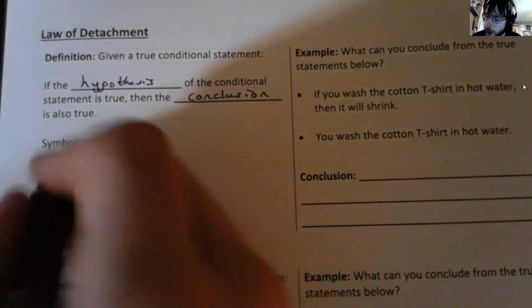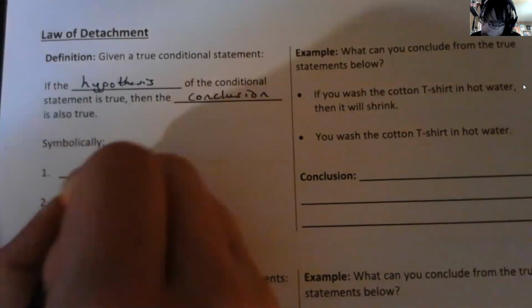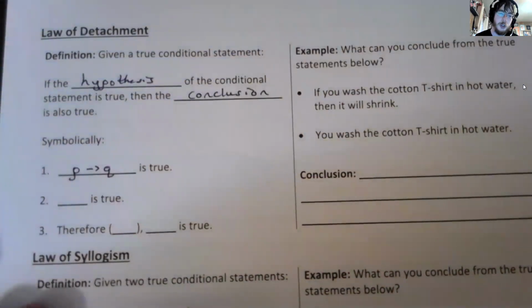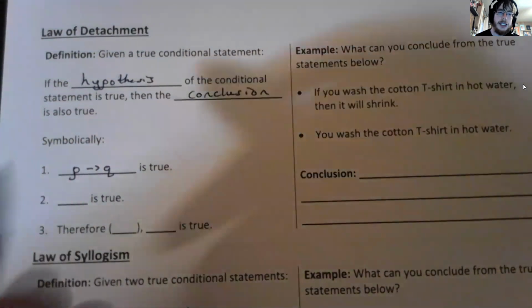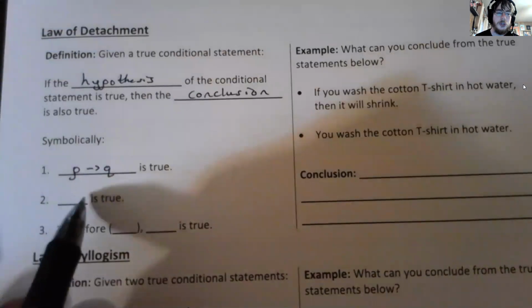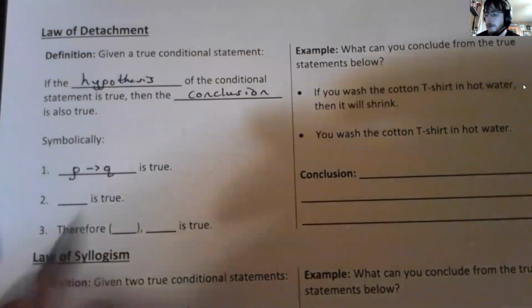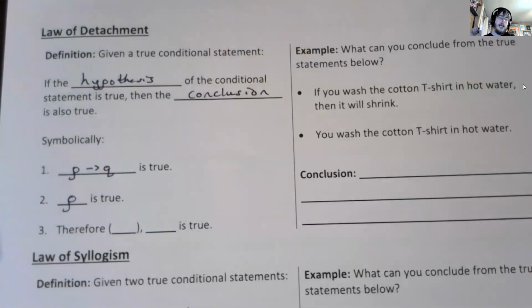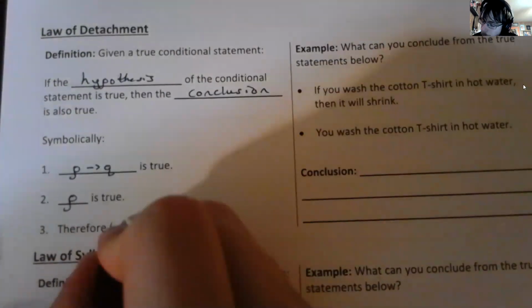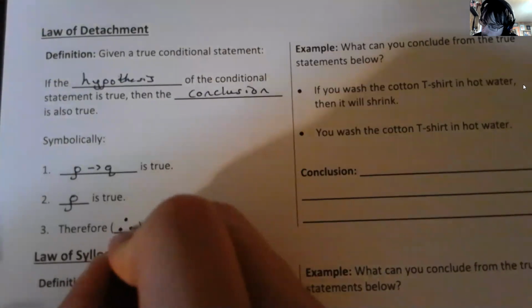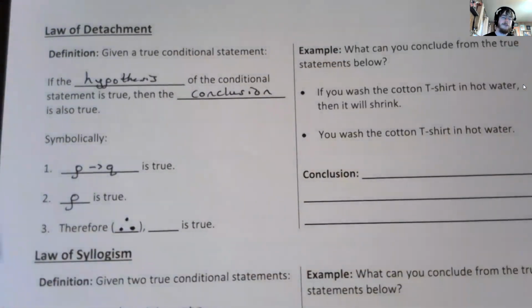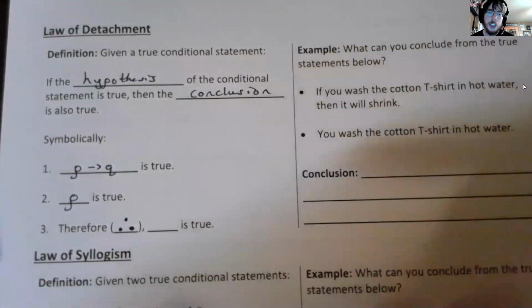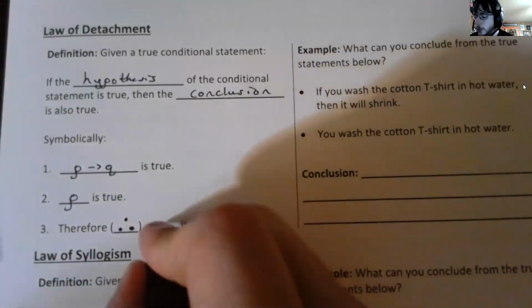Symbolically, this is what you're going to have. P implies Q is true. And it says if the hypothesis is true. So the hypothesis here would be P. So P is true. Therefore, and the symbol we use for therefore is just 3 dots in a triangle. Therefore, we say the conclusion is true, and in this case, Q is our conclusion.